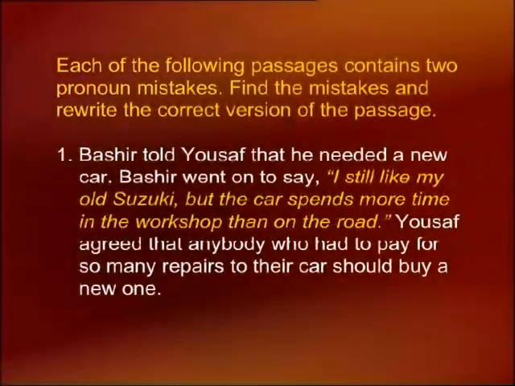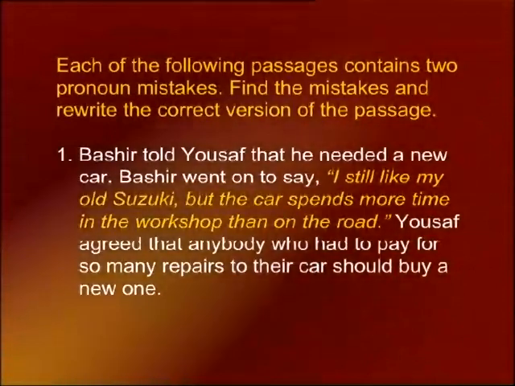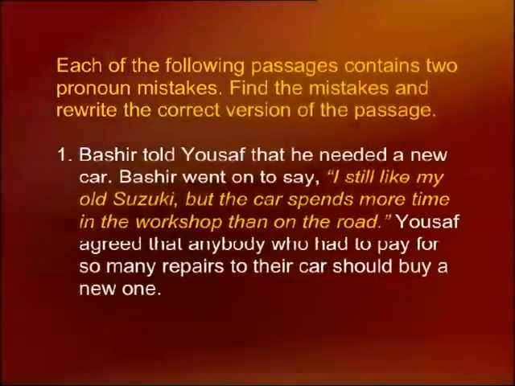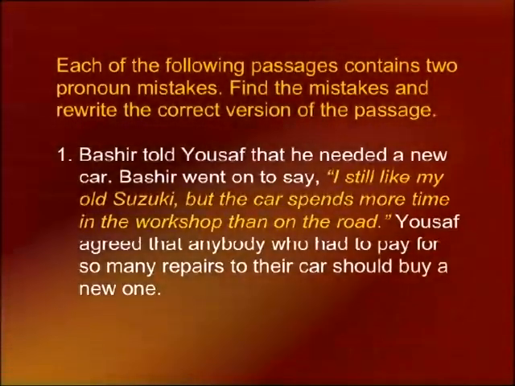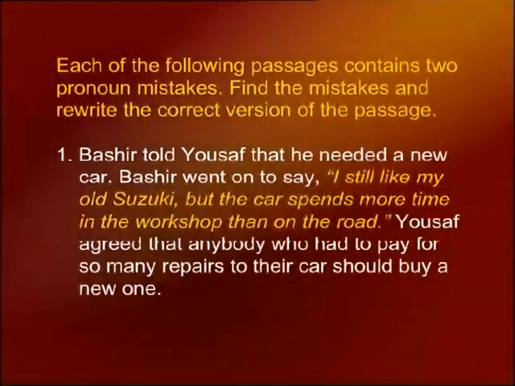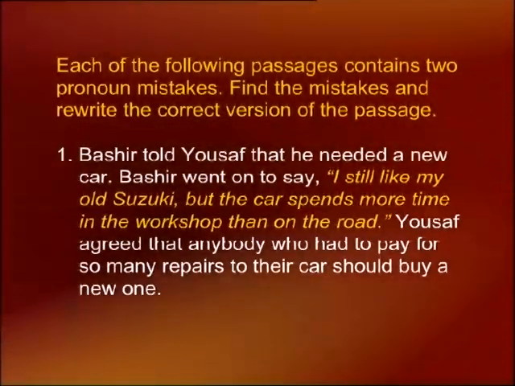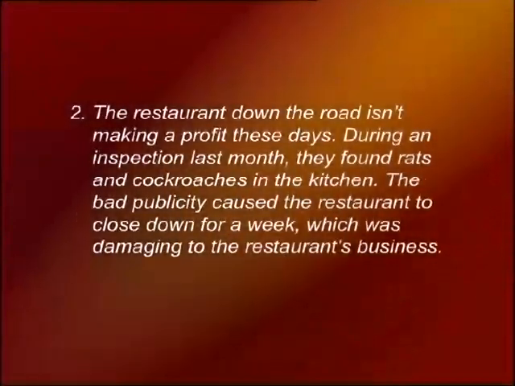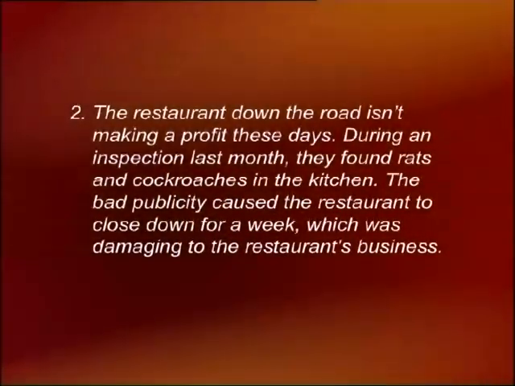Etc. Or you can say, then go on, and the second mistake is in the last sentence. Yusuf agreed that anybody who had to pay for so many repairs to his car should buy a new one. Right? Look at the second passage. Again, there are 2 mistakes in this passage.